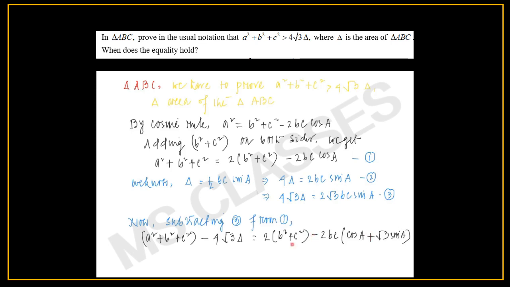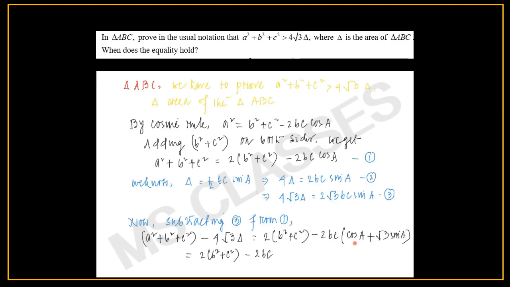Now we can simplify this one as twice b square plus c square minus 2bc. How we can simplify? We can just take here a half and multiply by a 2 outside. Because we know that whenever we have this format, a cos theta plus b sin theta, we try to convert this as sine of theta plus alpha or cos of theta plus alpha.